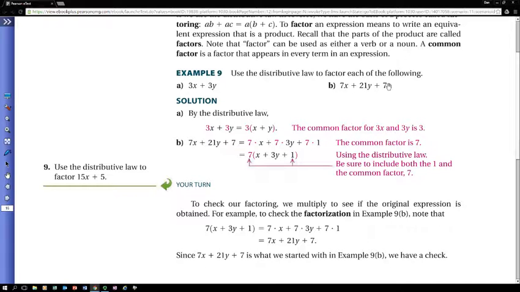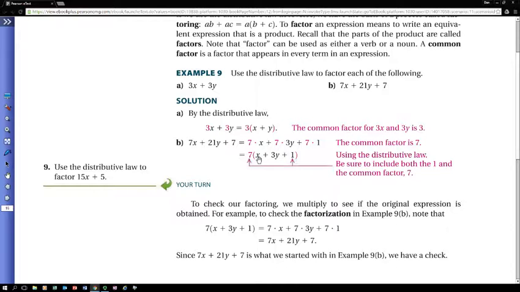Now in this one, I look at this and I have 7x, 21y, and 7. Well, the common factor between all three of these, it has to be in all three for this to work, is 7. So they factor out the 7, or make 7 a factor, multiplied by the sum that's going to create this original expression right here. So 7x, what do I take times 7 to get 7x?